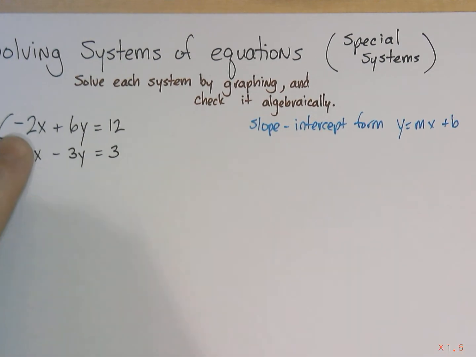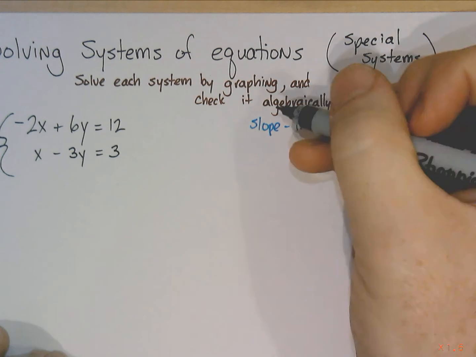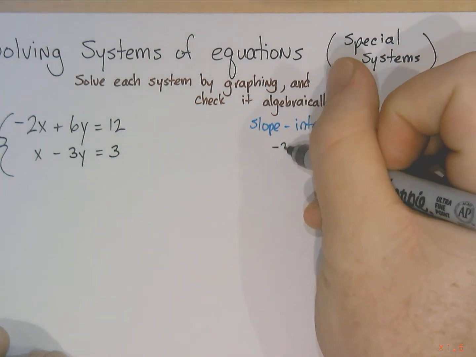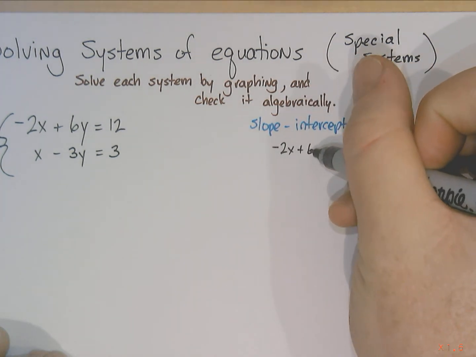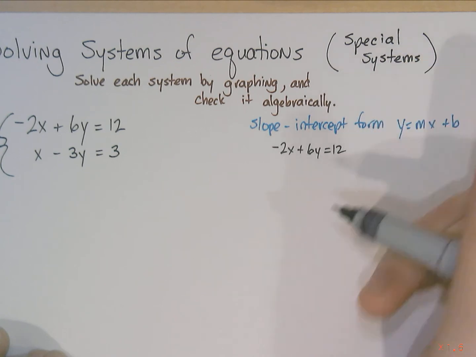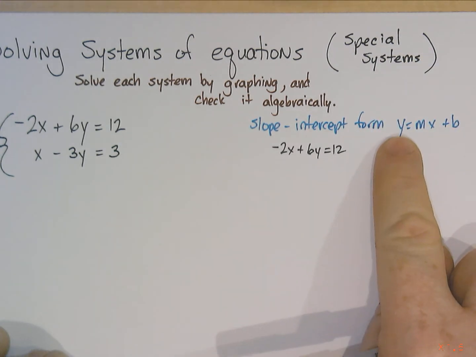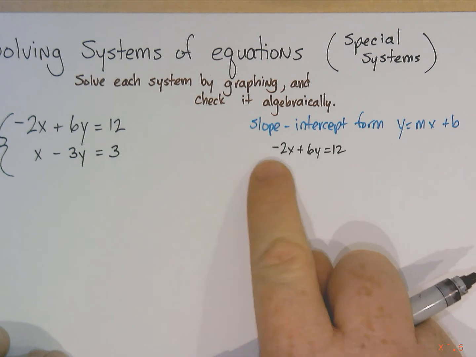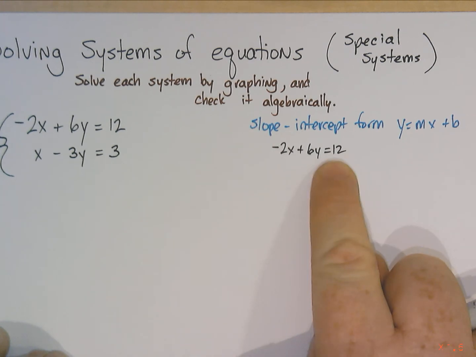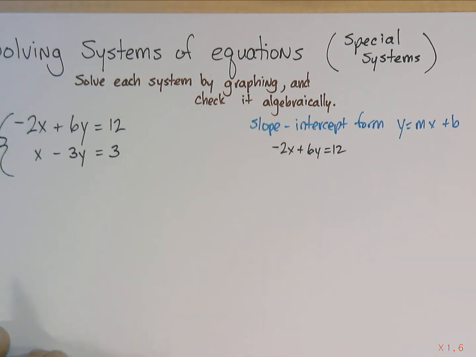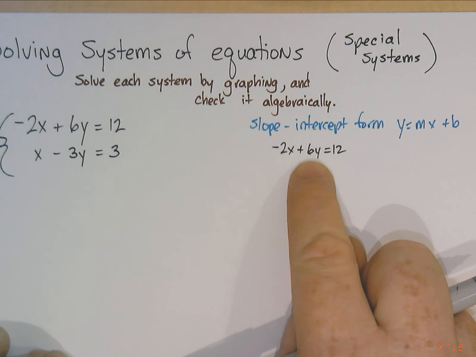On the first equation here, we have negative 2x plus 6y equals 12. We want y to stay on its own on the left-hand side. We want to put x on the other side where the 12 is, and then we need to get rid of that 6.